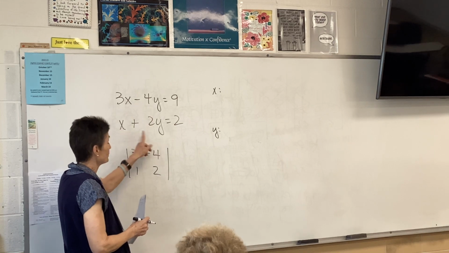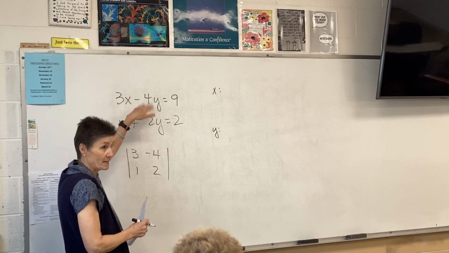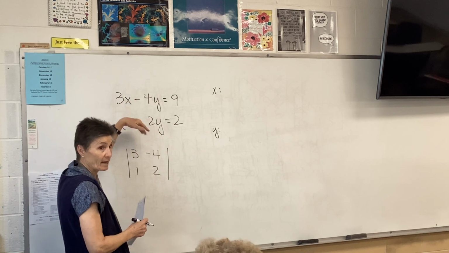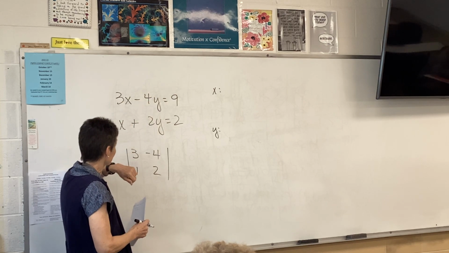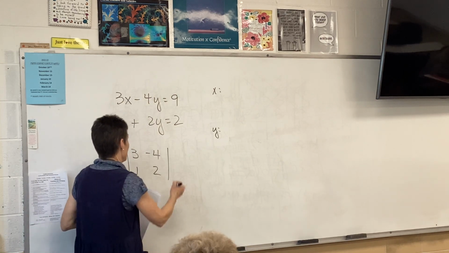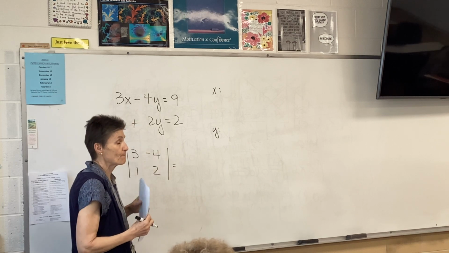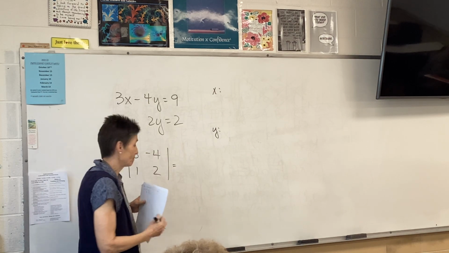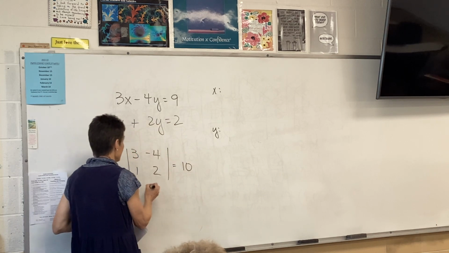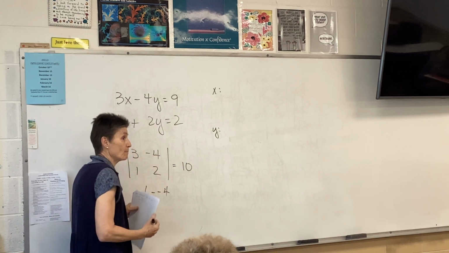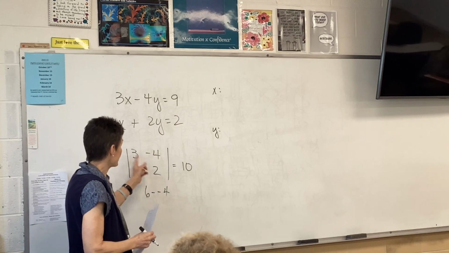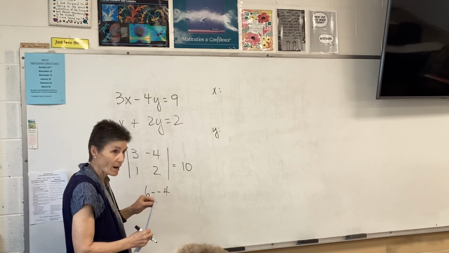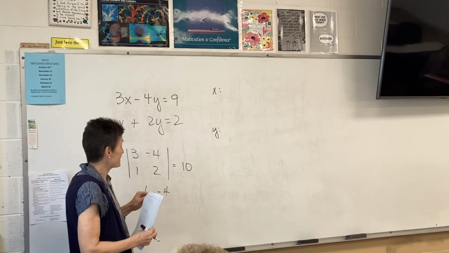So 3, 4, 1, 2. By the way, these things have to be lined up. It's like with elimination, they gotta be in the right order. Anybody get a value for that? 10? That's what I got. 6 minus -4. Remember, you subtract them. So you got a 6 and a -4, but you're subtracting, so it becomes 10.